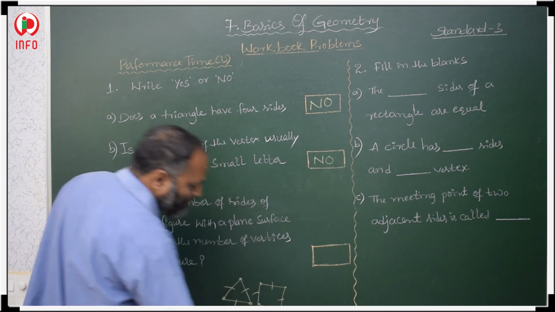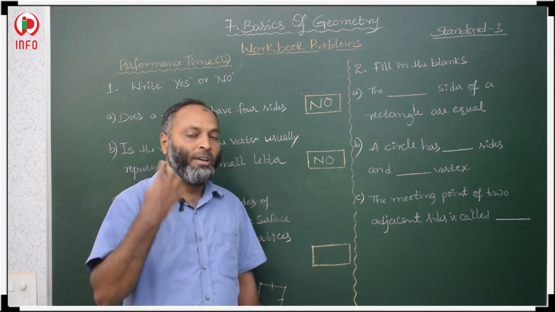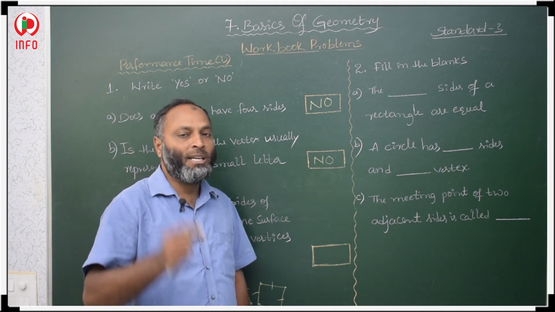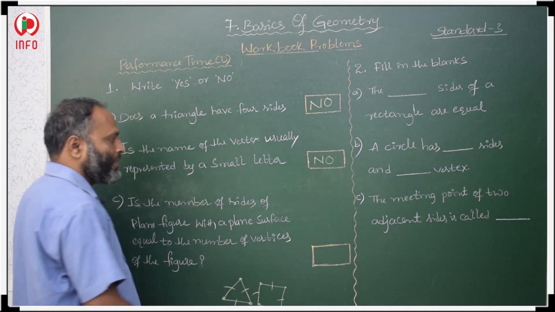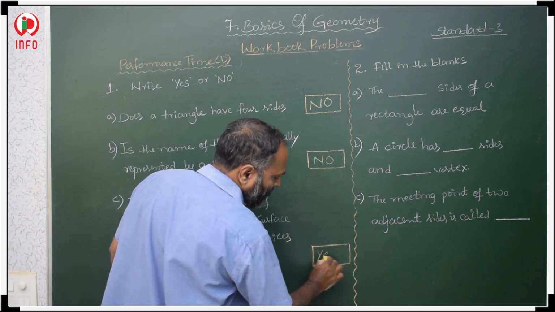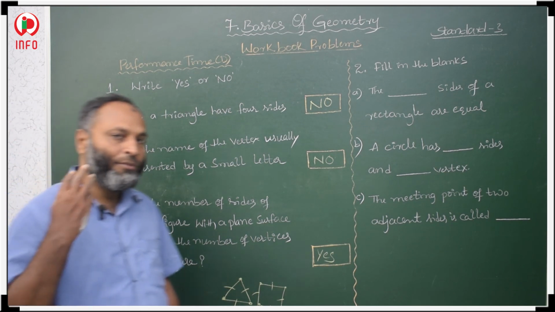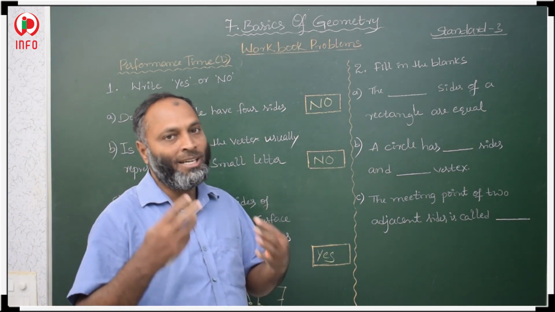If we have 5 vertices, then we get 5 sides. If we have 6 vertices, then you will get 6 sides. The number of sides and the number of vertices are the same in plane figures. So that is why it is correct. If you have 10 vertices, then you will get 10 sides.